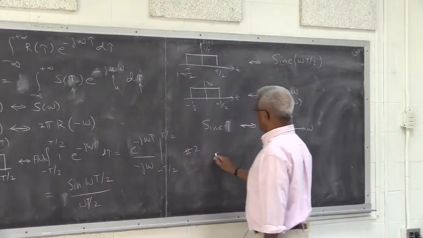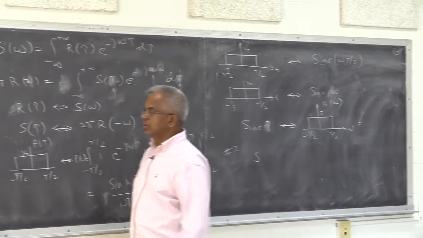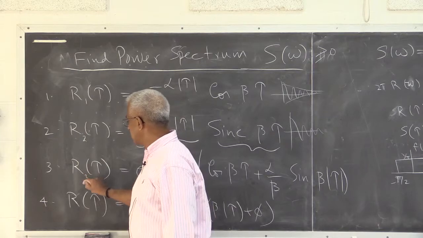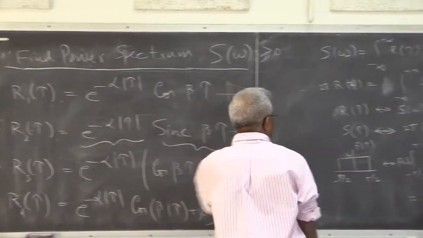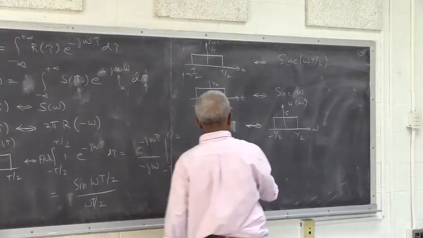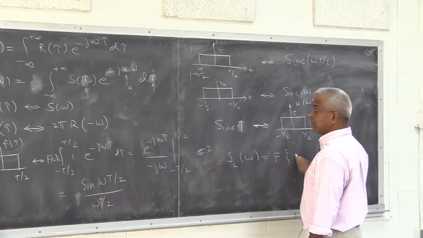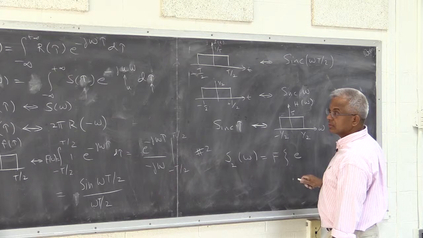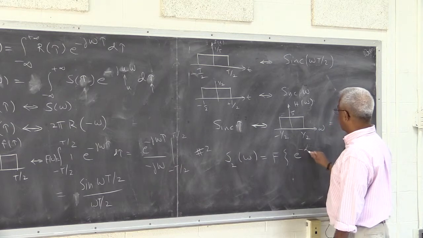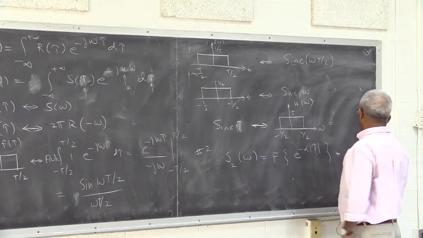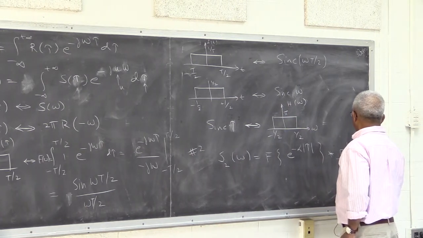So for number 2, let me call these R1, R2, R3, R4. S2 of omega is the Fourier transform of e raised to minus alpha tau, convolved with this function, h of omega.